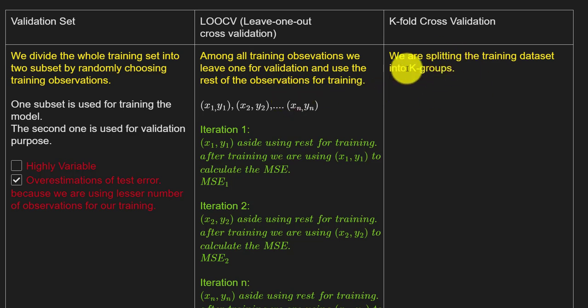Now in k-fold cross validation, we are splitting the whole training data set into k groups.